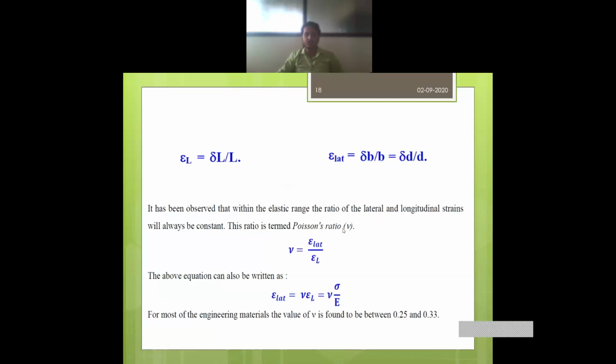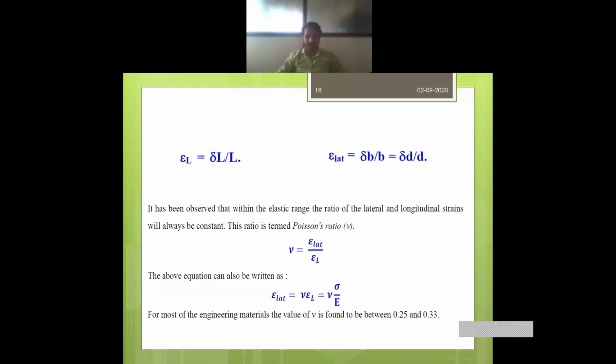Poisson's ratio is equal to lateral strain divided by longitudinal strain. This is the exact formula. Now, v is equal to lateral strain by longitudinal strain. So this is about Poisson's ratio.